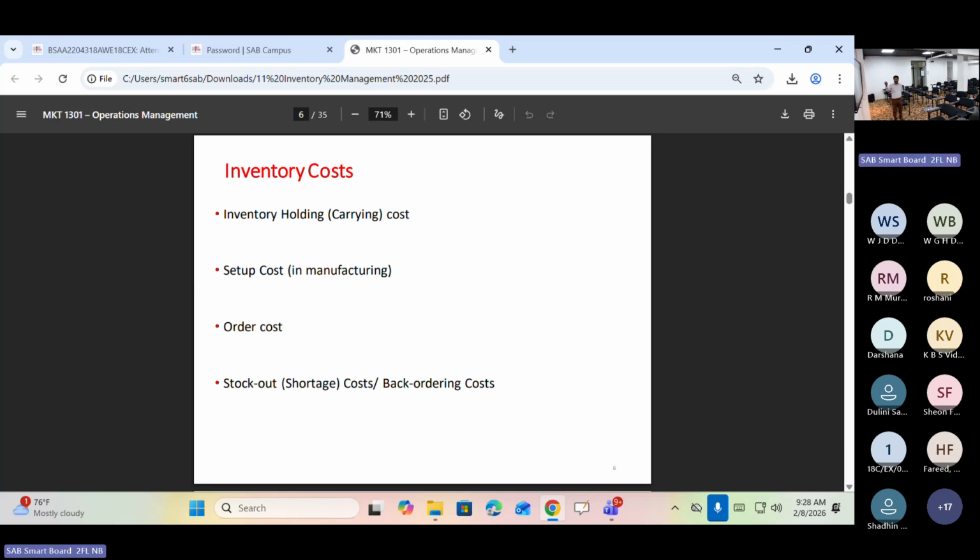Setup cost behaves like ordering cost in manufacturing. As I explained earlier, in the production process, for example in a shampoo manufacturing process, assume they are producing 200 milliliter bottles in a batch that continues for a few hours or one or two days.